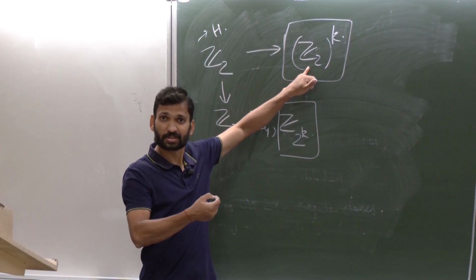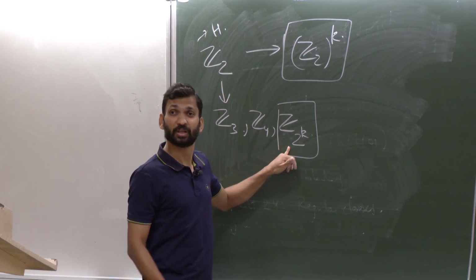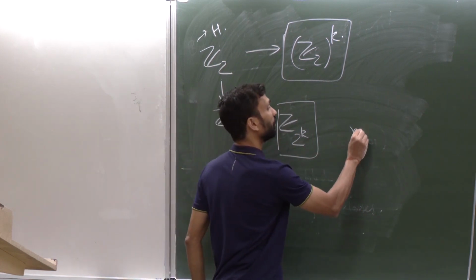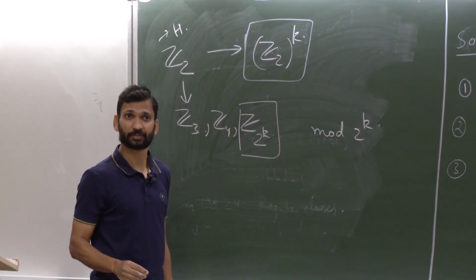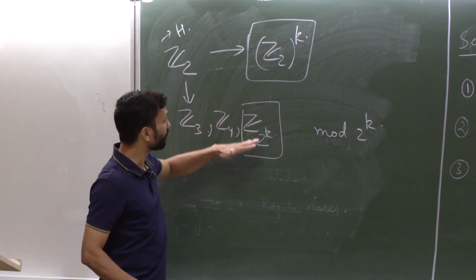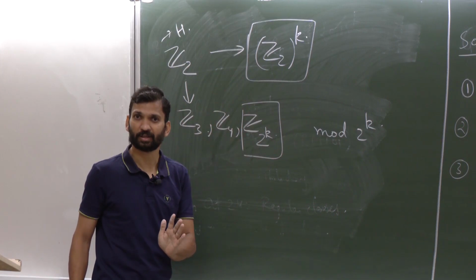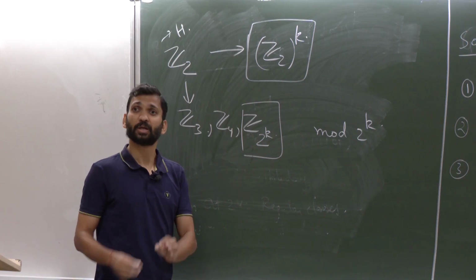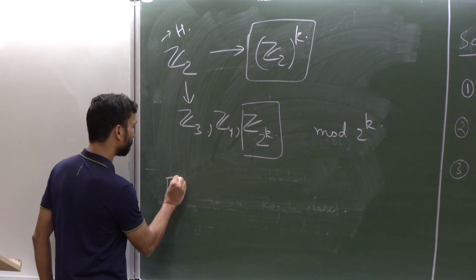You add coordinate-wise, modulo 2. Here you add modulo 2 to the power k. So even though they might look similar and have the same number of elements, these two groups are very, very different.